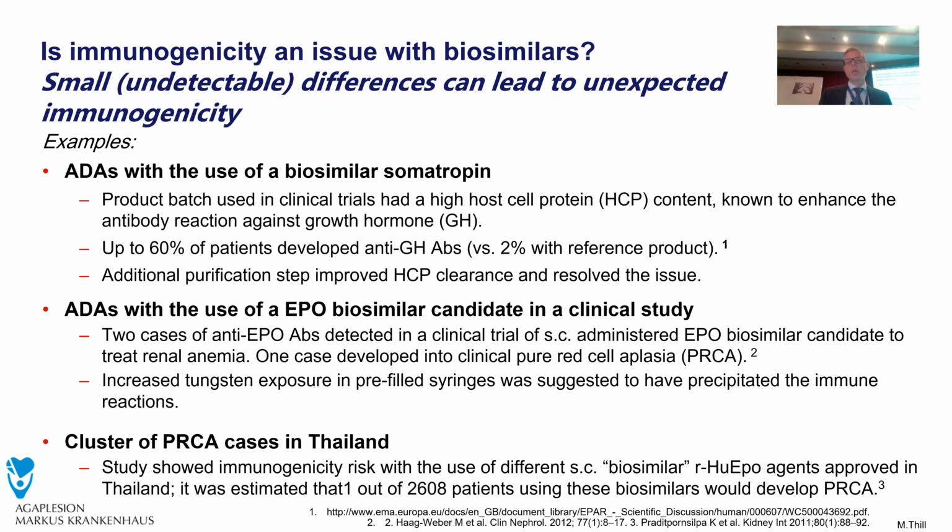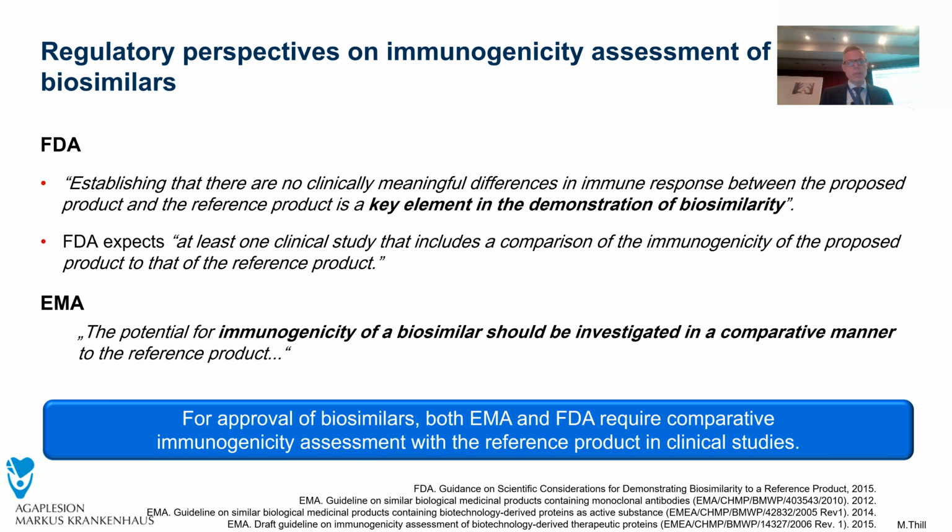For EPO, some patients got really severe toxicity. In one case, a patient developed pure red cell aplasia. So it has something to do with the data I collect afterwards.